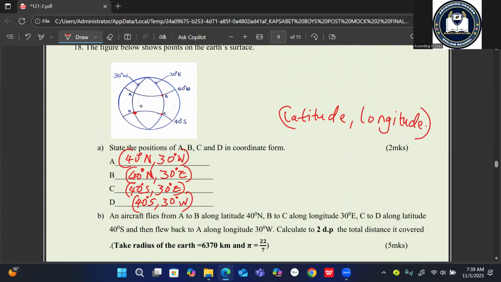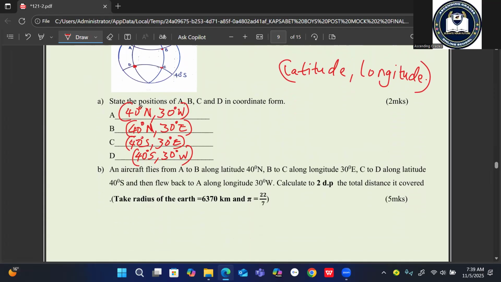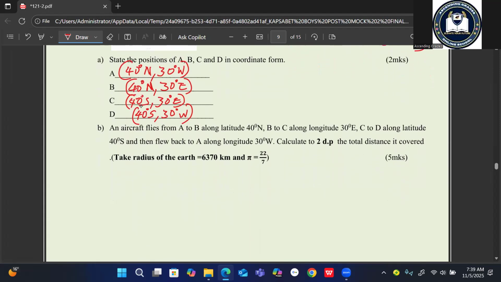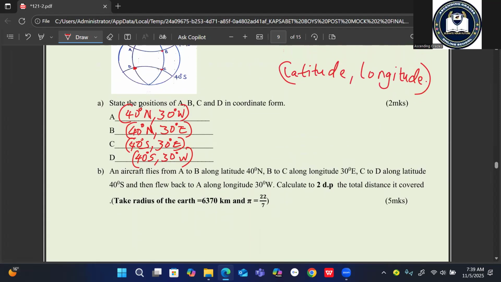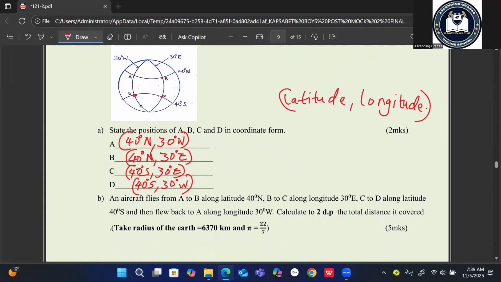Calculate to two decimal places the total distance it covered. So take the radius of the Earth to be equal to 6,370 kilometers, and pi is 22/7.